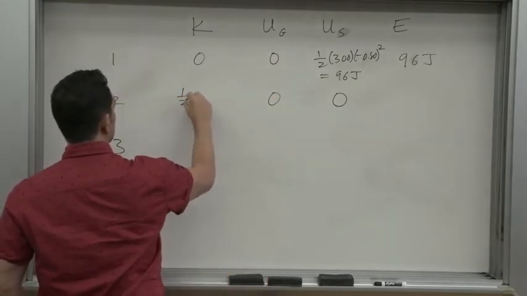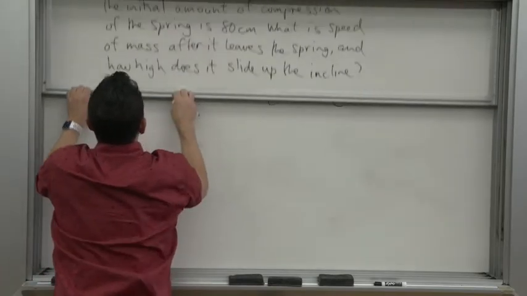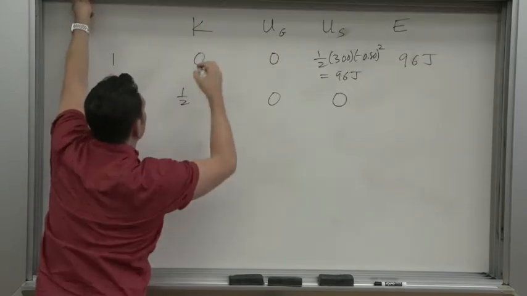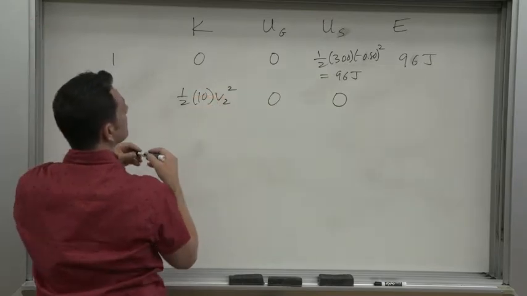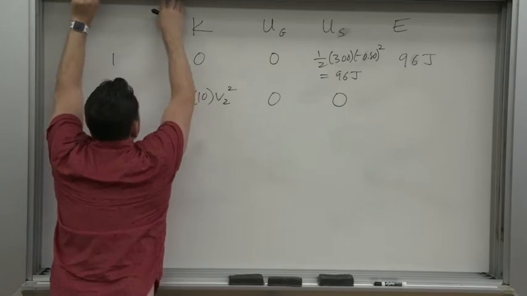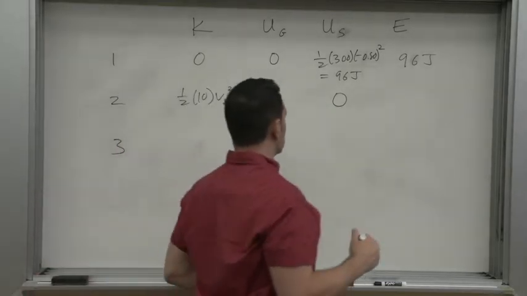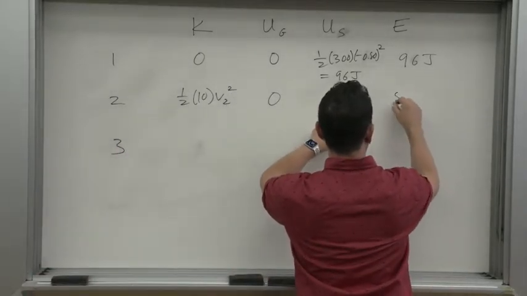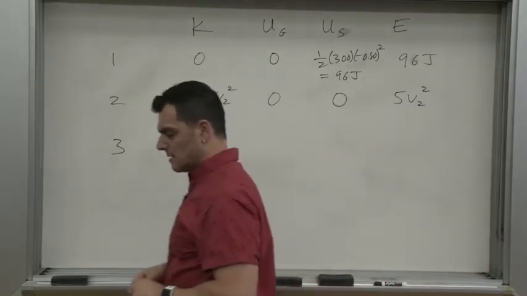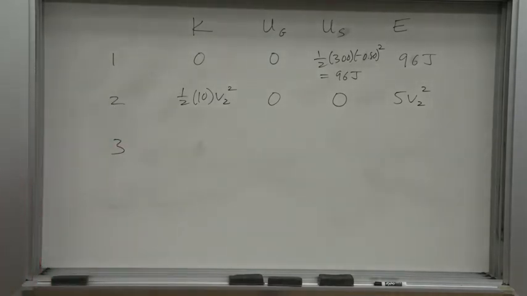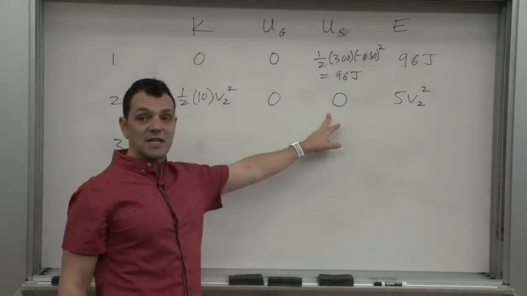All of the energy is going to be kinetic: 1/2 the mass, which is, what did we say it was? 10, times V2 squared. So what is the total mechanical energy here? Well, I end up getting this plus this plus this, or just 5 V2 squared. All right, and as you can see, at this point it's all kinetic energy, no gravitational or spring potential energy.